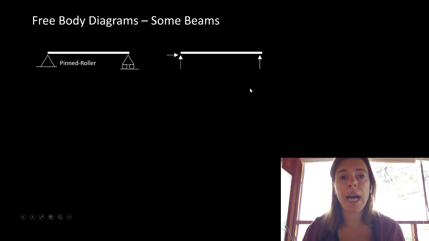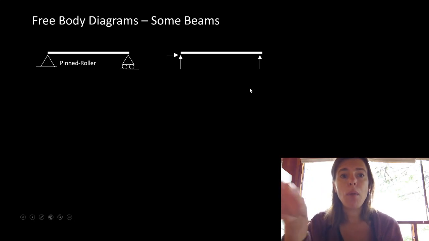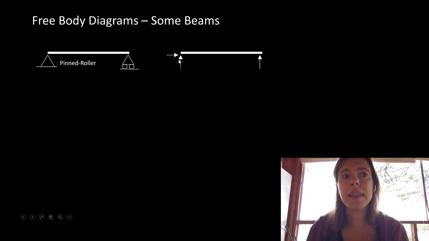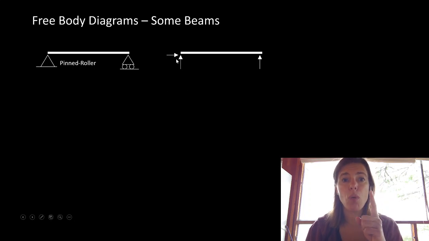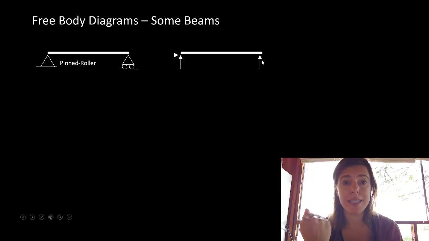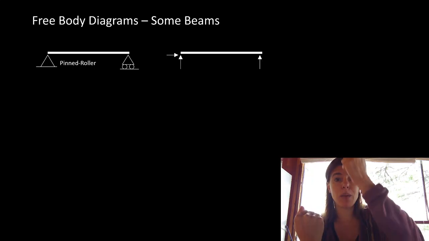We also have the ability to resist any moment on the system, or anything trying to cause this to spin in this direction. These two reactions can create a force couple to resist that moment. So if we had something trying to spin this in this direction, we know that this force would push up against it, and this one might try to pull down if it was actually trying to be lifted up out of the ground.